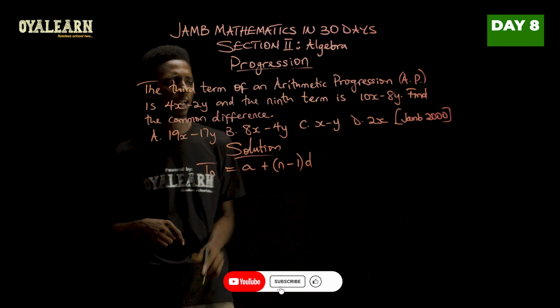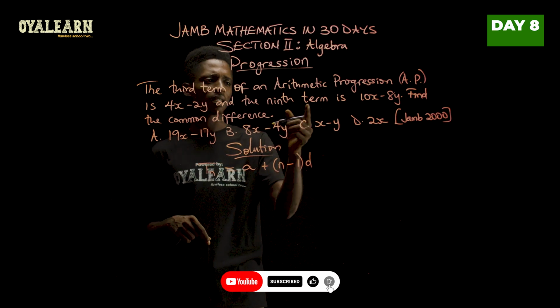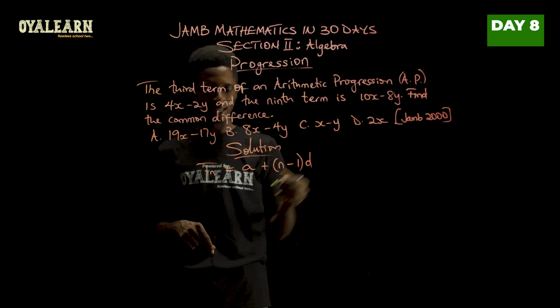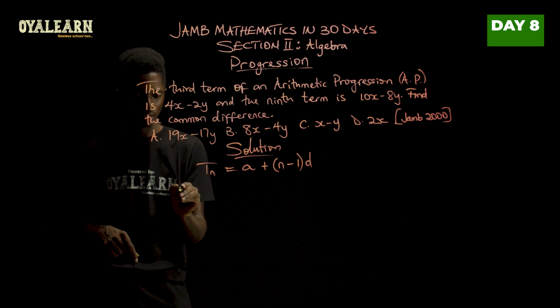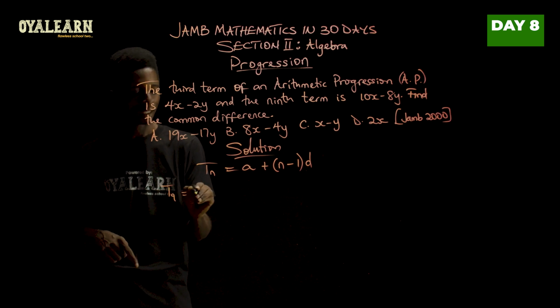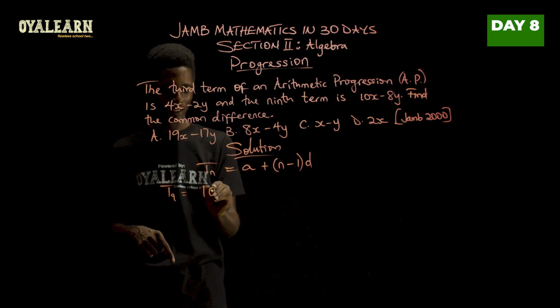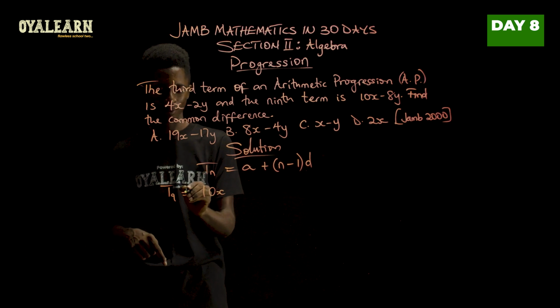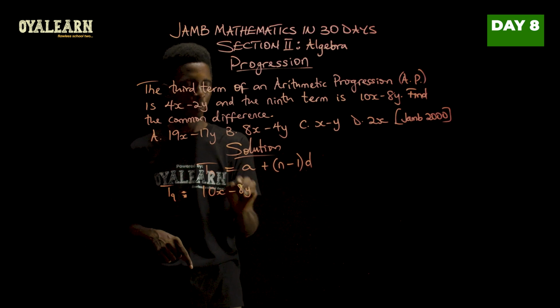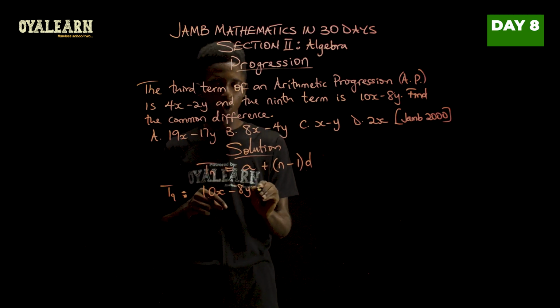So let's start with the ninth term. We are told that the ninth term is 10x minus 8y. So for T9, that is 10x minus 8y will equal the first term.